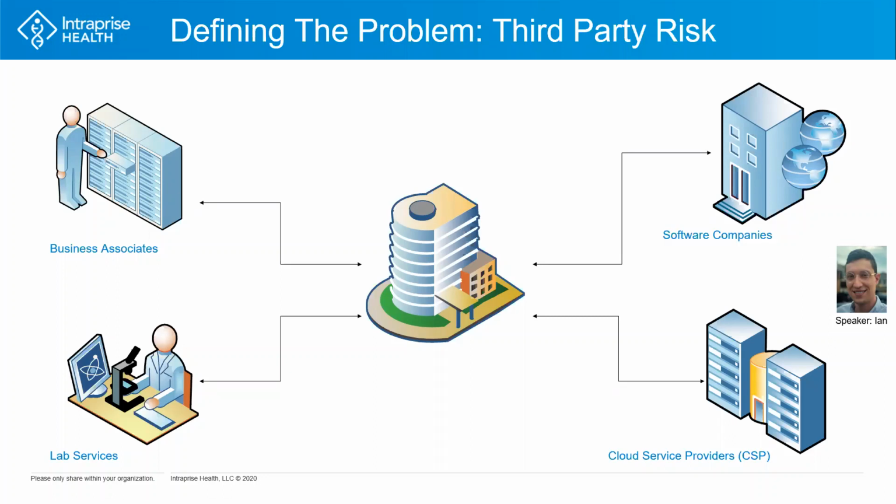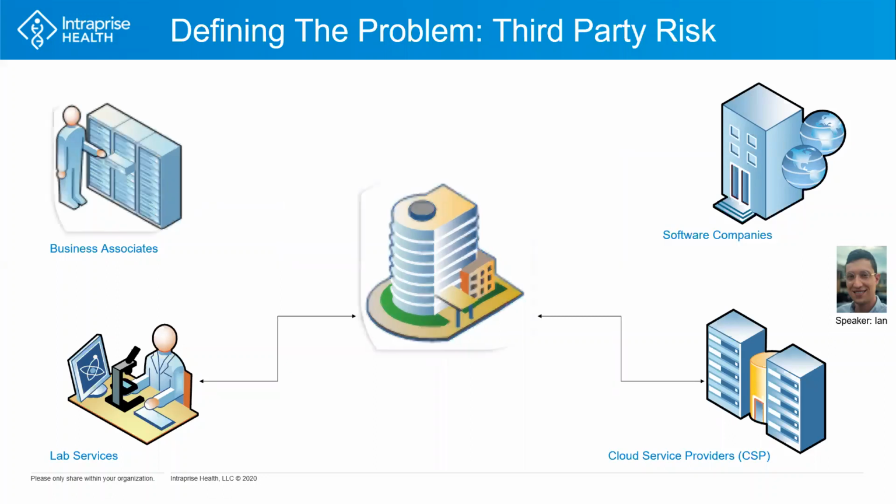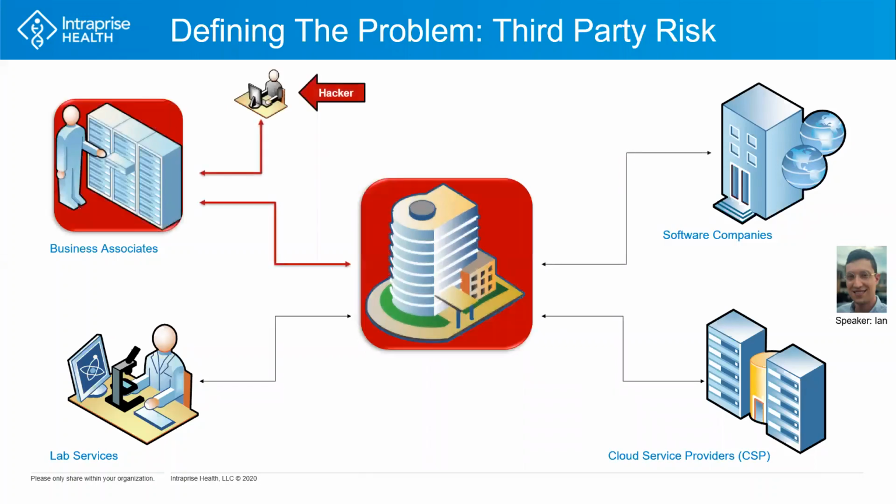environment. Of course, the risk comes into play when that business associate is actually impacted or compromised by a hacker or a malicious actor. By dint of those interconnections between the organization and the business associate, the organization itself is thereby affected and impacted.